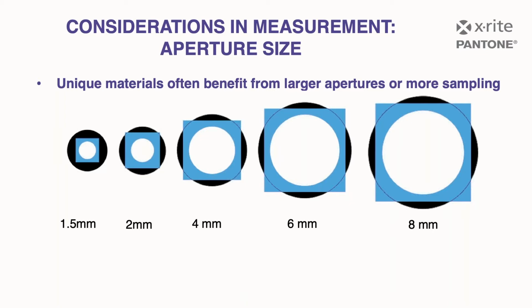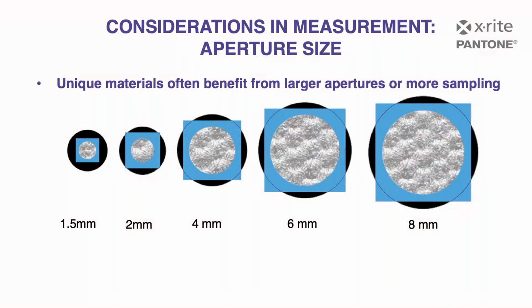But as soon as we go to a textured sample, right, we can start to see where this may be a problem. So we put in this texture here, and we can see that if I look at 1.5 millimeter over here, I may be seeing more darkness than light, right? So I may be getting a very poor sampling of the material.